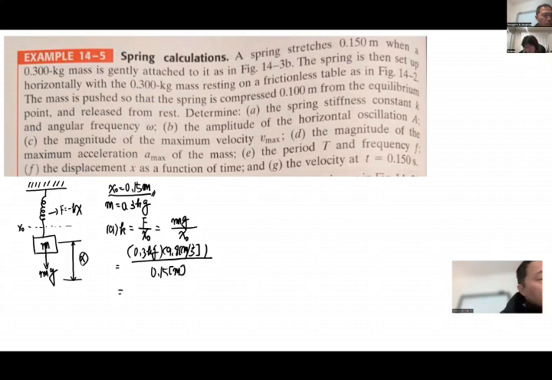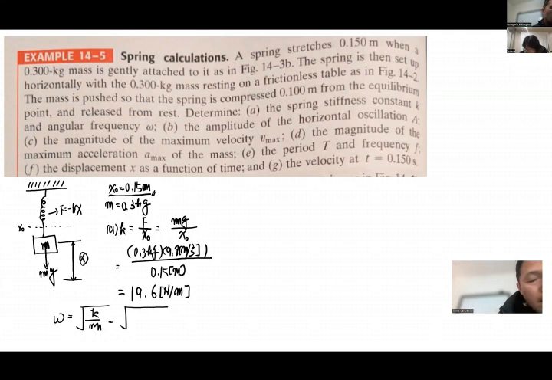From that, the spring constant k should be 19.6 Newton per meter. Using that k and mass m, you can find the angular frequency omega, or angular velocity omega, which is the square root of k over m.